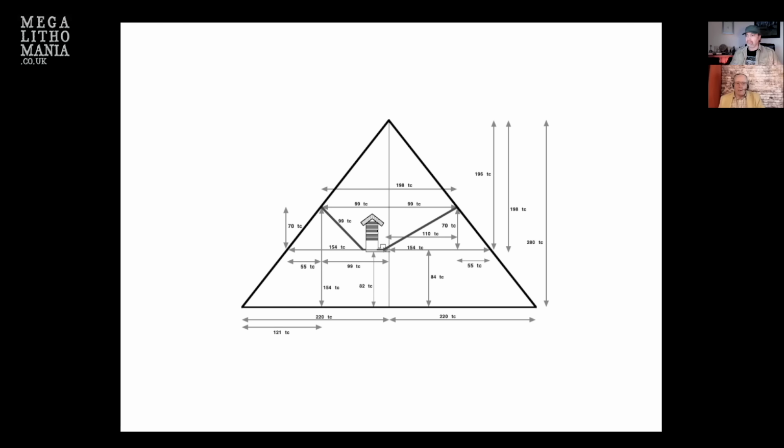All they're doing is holding up the mass of air above them, which is probably about 1 kilo maybe. You might as well have put the angled roof of the chamber above the first ceiling. But they didn't. They added 1, 2, 3, 4, 5 of these ceilings above the King's Chamber for no good reason.